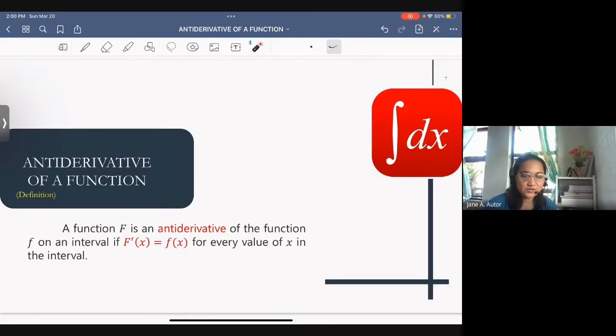But if we are concerned with the uniqueness of the antiderivative of a function, we can actually say that it is not unique because it can be the antiderivative of many other functions. But there is a way for us to determine the more general, or the general, antiderivative of a function.